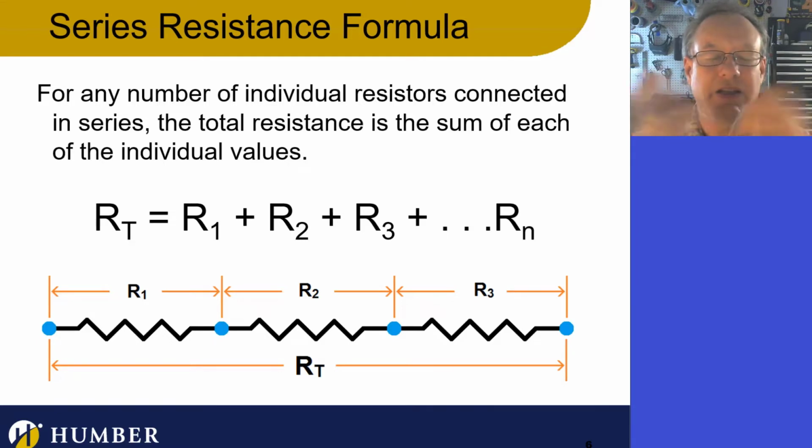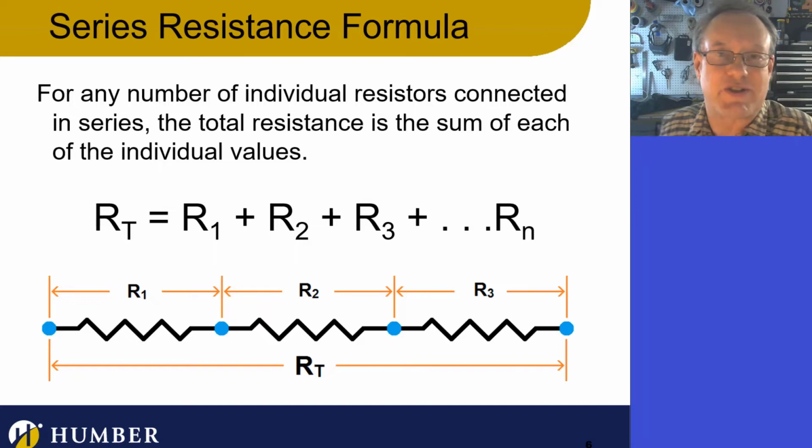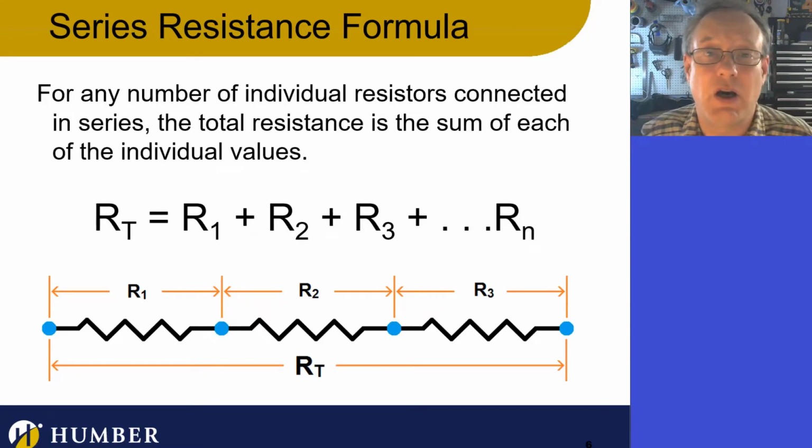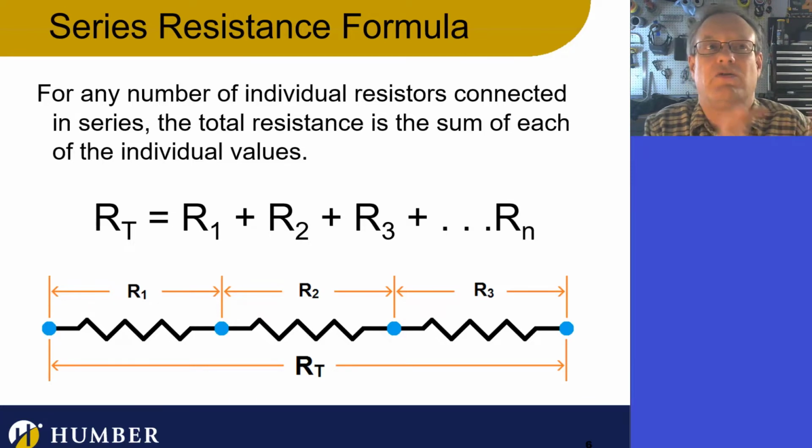And ultimately, you can look at this as though those electrons, or the charge, are having to go through every single one. And as we know, each resistor slows down the charge, or says to the voltage that's pushing it, no, and it's stealing some of that voltage.